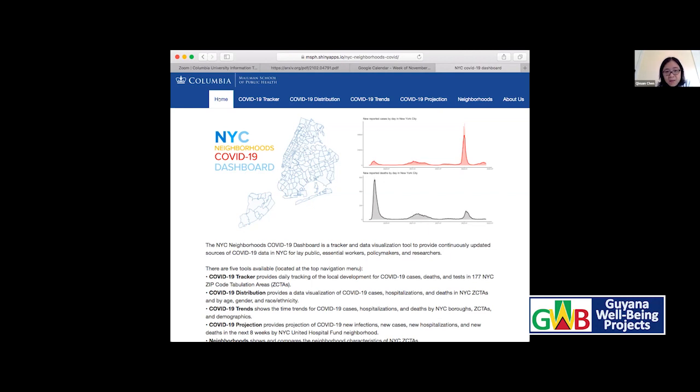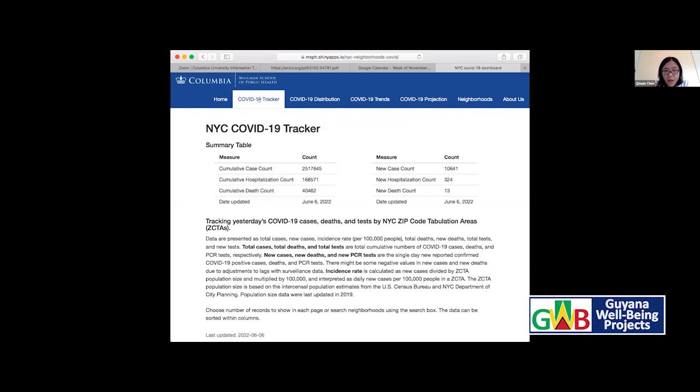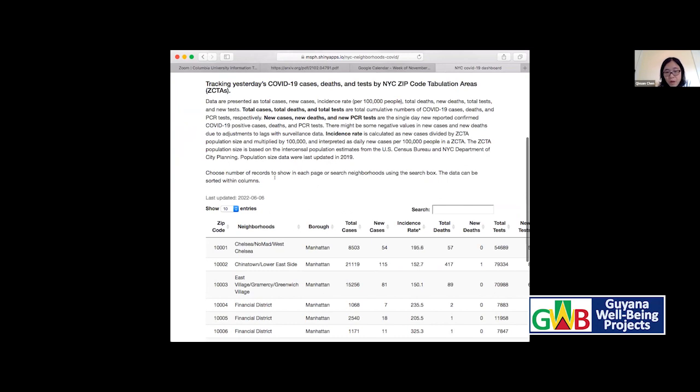In this dashboard, we do daily updates for the number of cases and also the deaths caused by COVID. We have a tab called the COVID-19 checker, and individuals can go there. We present information by zip code.